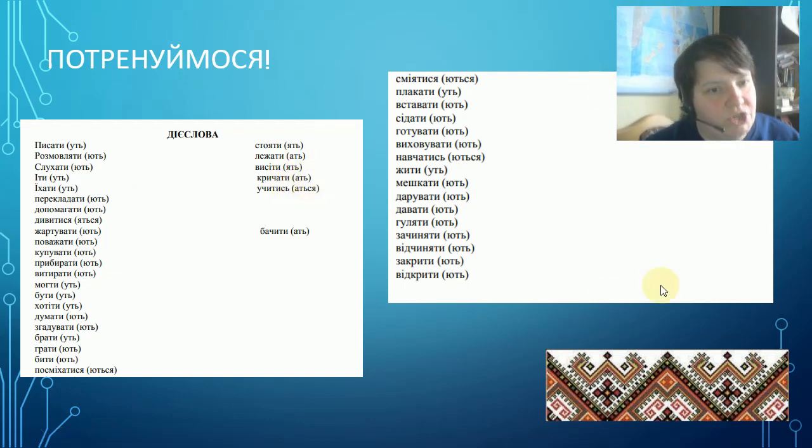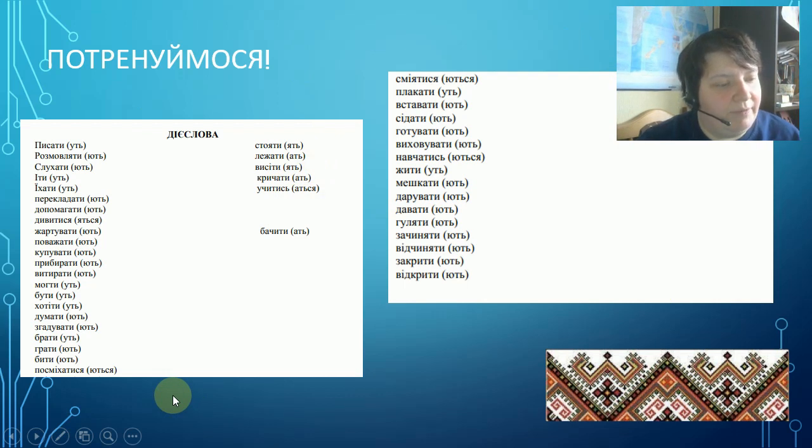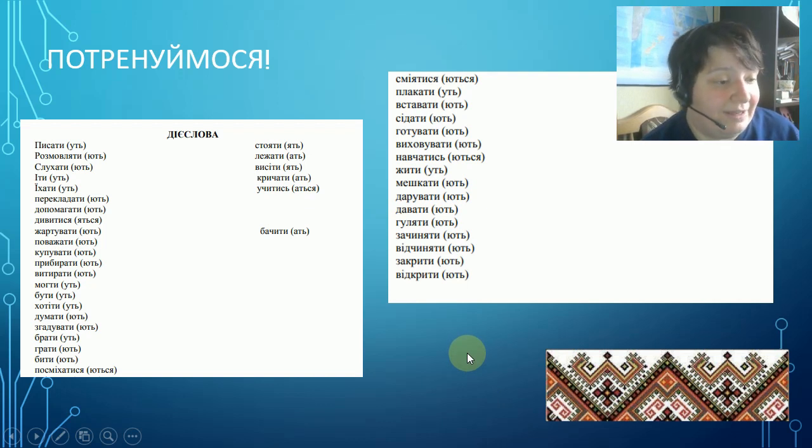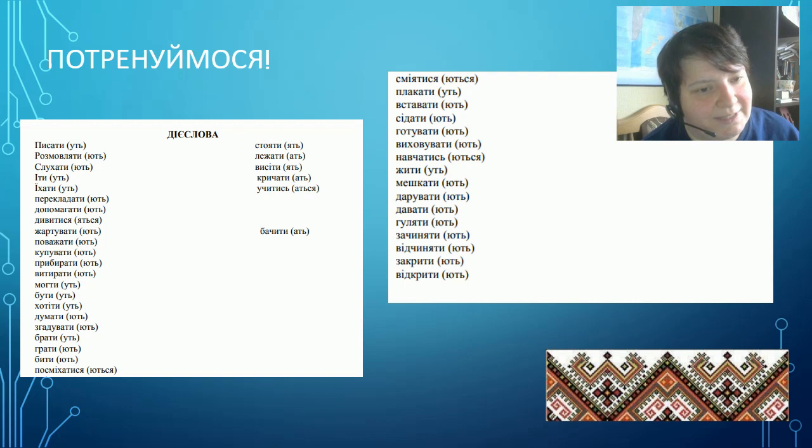So you can check it and make your own verbs, any types of any verbs, and conjugate them in the comments, and I will check everything. If you do all this table, you will definitely remember everything. It's not so complicated. It's just to learn, but it's not complicated. So try it, and you will have a success.